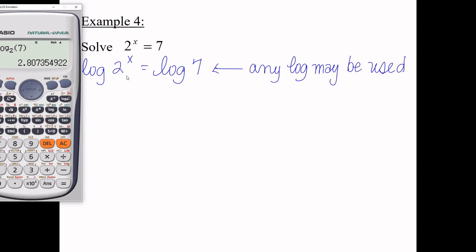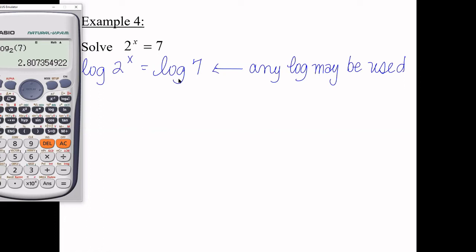Okay. Now, what this disclaimer is saying is I could have used log base 10, which they did use, or I could have used log base 5, or I could have used log base 2, which would have been kind of a nice thing, because log 2 of 2 would have given me x equals log 2 of 7, which we put in here.